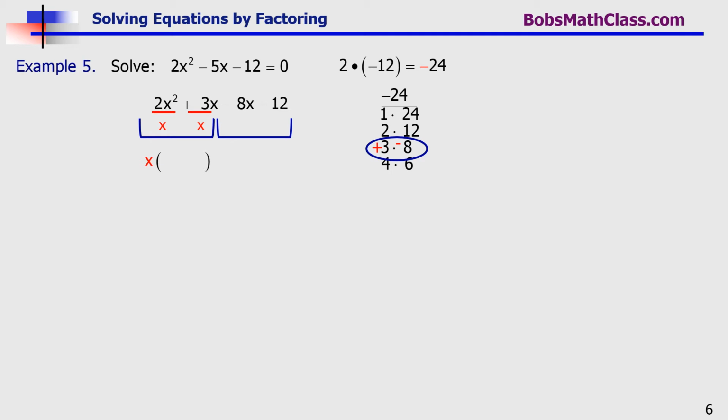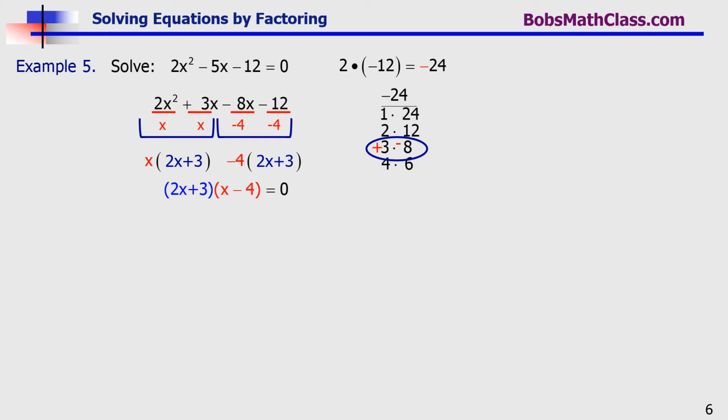So we factor out an x, that'll give us 2x plus 3. How about the second pair? Right, negative 4. It's negative because the first term is negative. Again, that's 2x plus 3. Those match. So it's 2x plus 3 times x minus 4. And then bring down the equals 0.